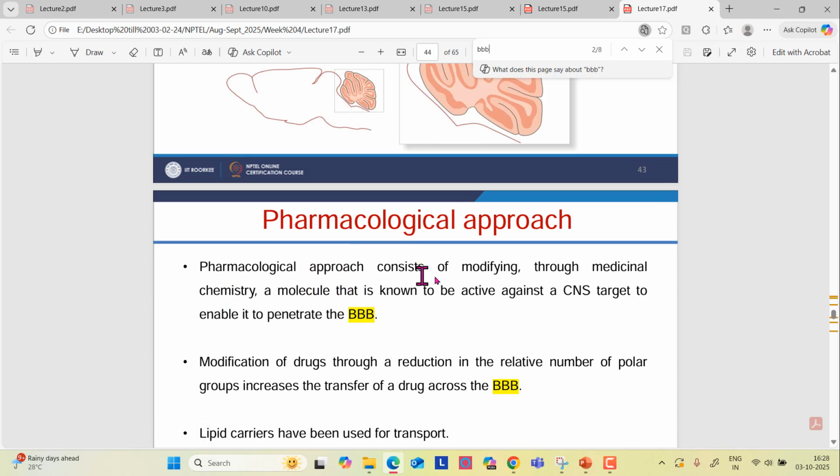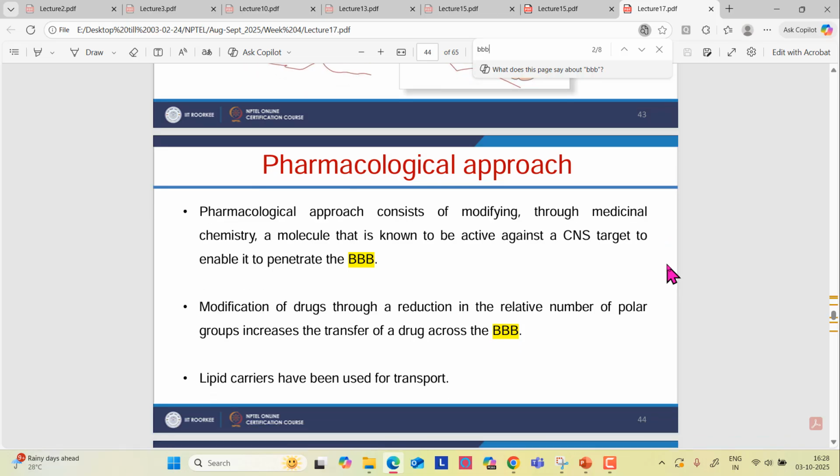Pharmacological approach consists of modifying, through medicinal chemistry, a molecule that is known to be active against the CNS target to enable it to penetrate the BBB. Modification of drugs through a reduction in the relative number of polar groups increases the transfer of a drug.